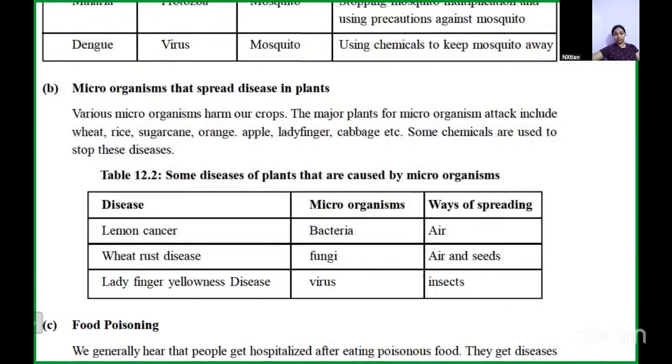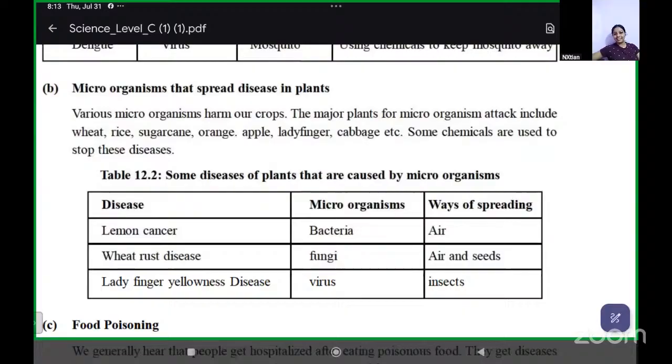Yes, ma'am. I remember last year, ma'am, we were wondering what is lemon cancer. Remember last year we all were wondering, me, Simon, and Naya, what is lemon cancer? We missed the heading that they are diseases in plants, and we thought that they are diseases in humans.